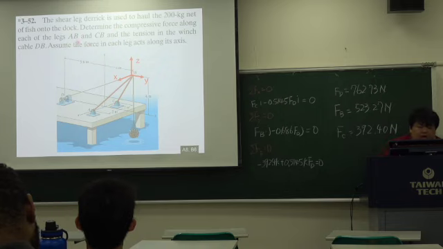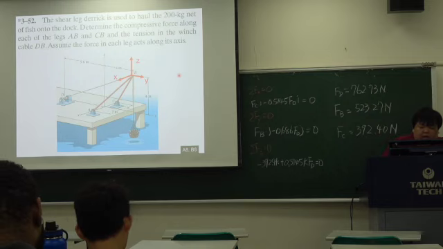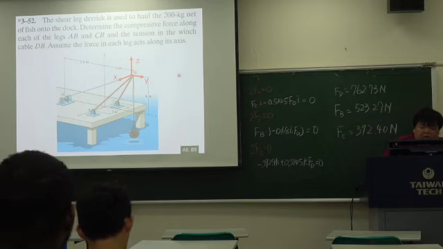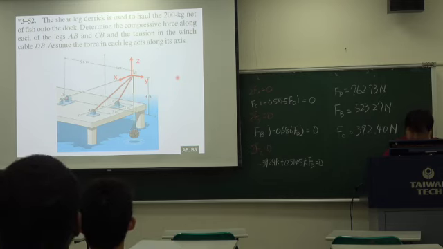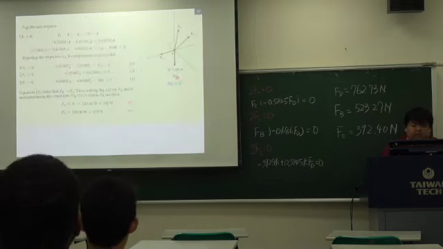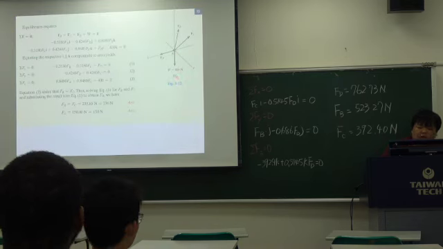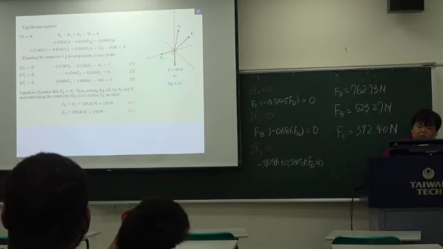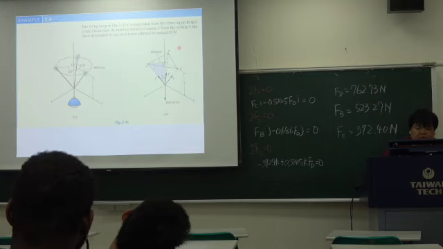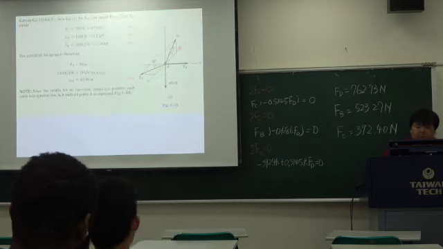Next exercise, I think this is a different tool between exercises, because we can see in this exercise's diagram the origin is at the point A, and we have the tension force, so the force goes out to the point A, and like this, and this also.